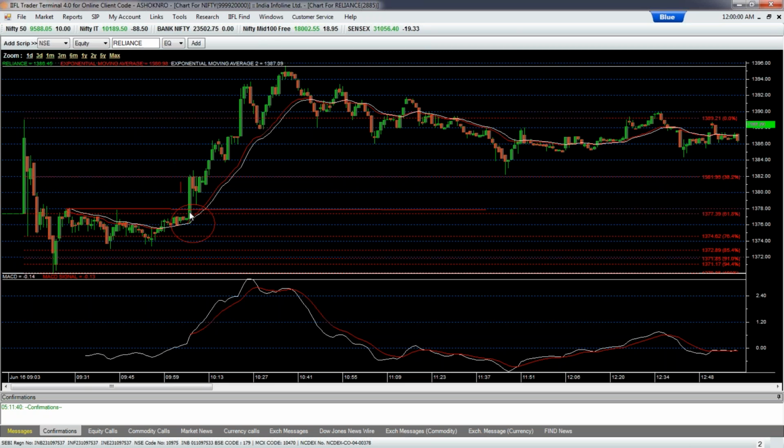Next, the second thing is, it is at the resistance zone, and it has taken support at the 20-21 day moving average. It has exactly taken support at that and is going higher. It touches the retracement zone, comes back to the resistance zone, takes support again and goes higher.